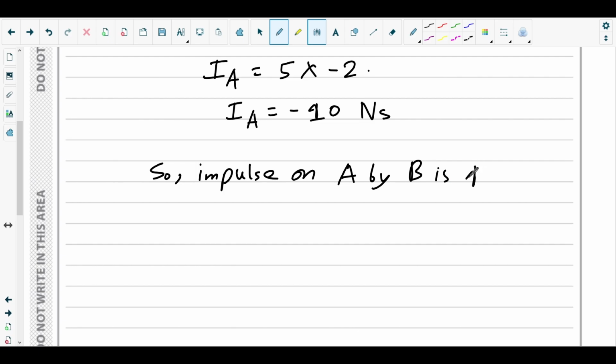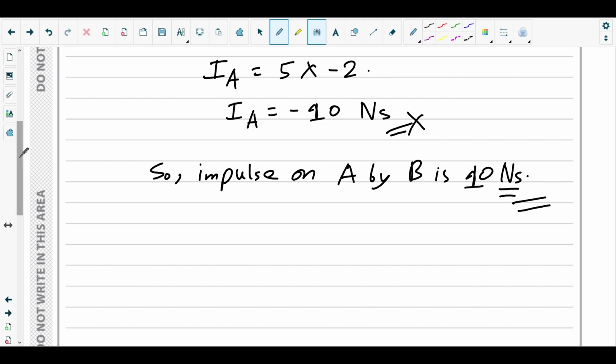Is 10 Newton second. If you write till this, you will not get the full mark, because they asked for the magnitude, not the direction. So you need to write the impulse on A by B is what? 10 Newton second. The unit is a must. Don't forget to write the unit.